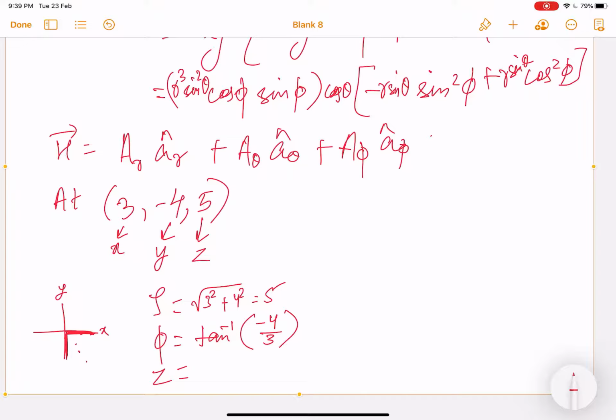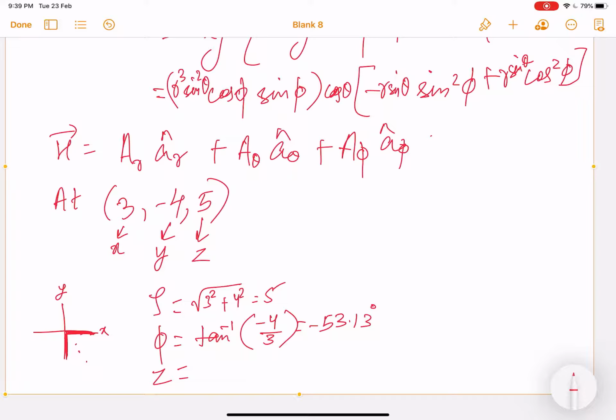So in your calculators, do tan inverse 4 by 3, and what did you get? You got 53. So basically this one will be negative 53.13 degrees.